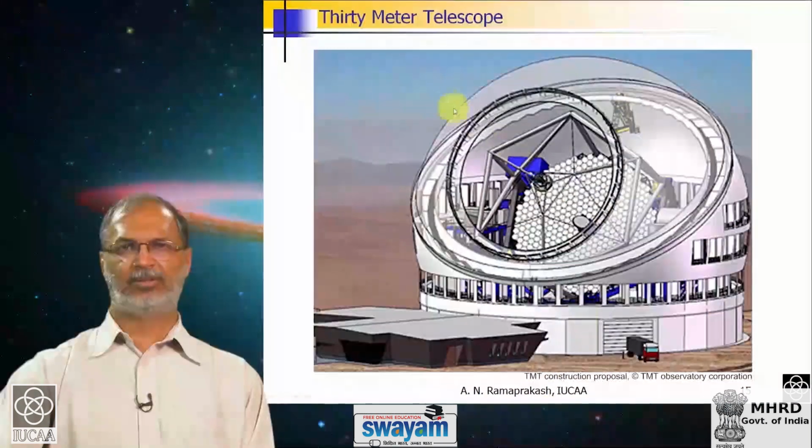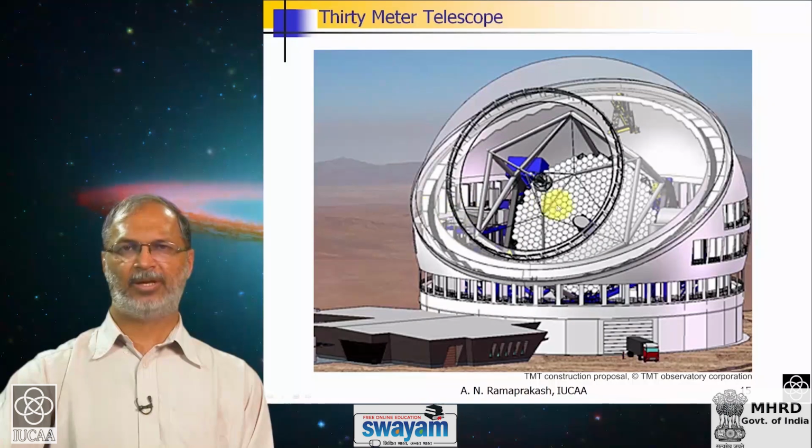There is another one called the 30-meter telescope. Here you can see the primary mirror of the telescope. Instead of using large mirror segments which are smaller in number, the 30-meter telescope uses smaller segments, each of them hexagonal in shape, only about 1.4 meters in size, but you have about 500 of them arranged together to form a 30-meter diameter primary mirror.